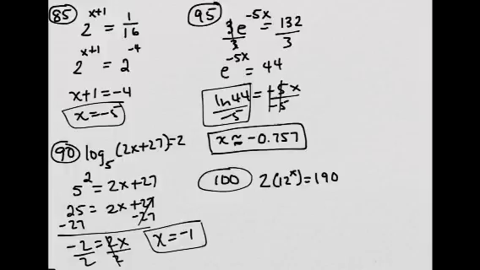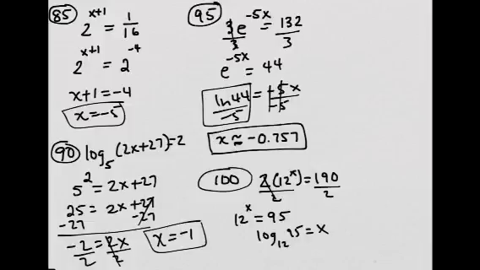Okay, so I'm going to divide by 2. So I get 12 to the x equals 95. Okay, I can't get 95 and 12 to have the same base. So I'm going to change it to log form. So this is log base 12 of 95 equals x.